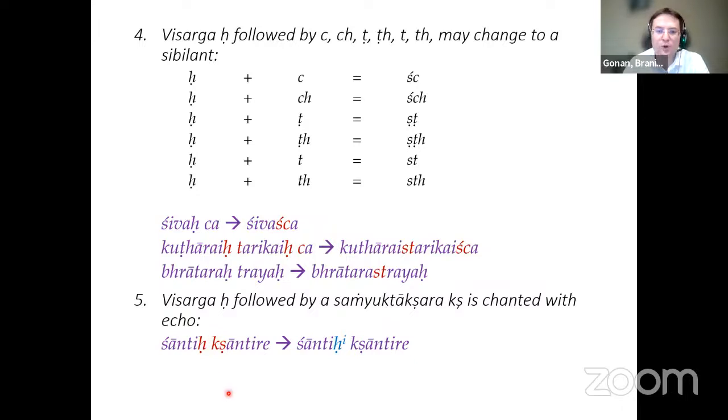So Shantihi, Shantihi, pause. It is like the echoing. The vocal here is reflecting, and we need to pause. Shantihi.